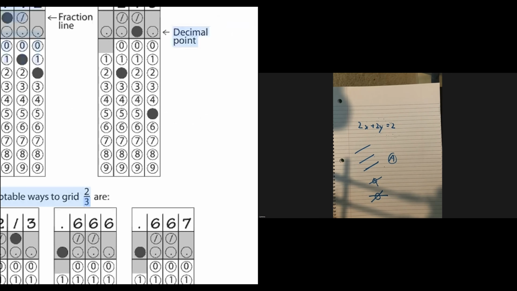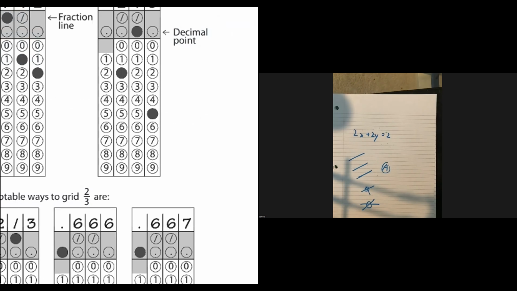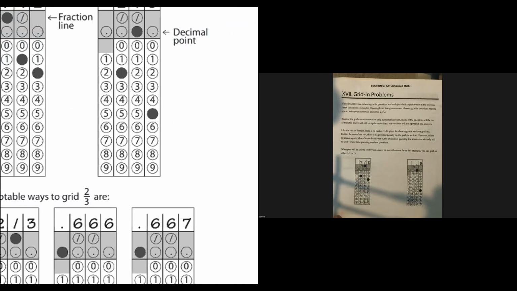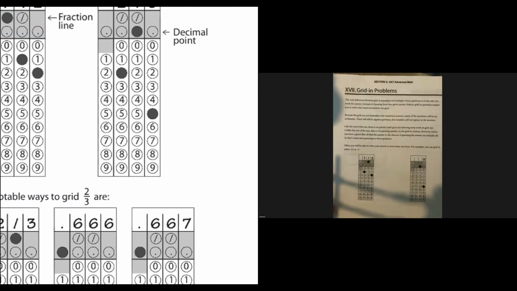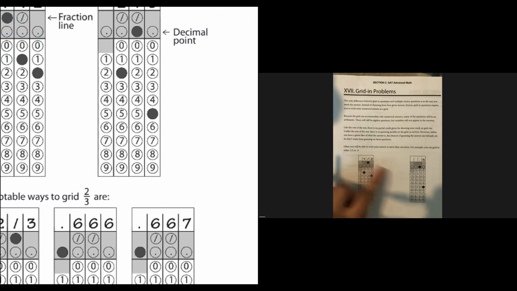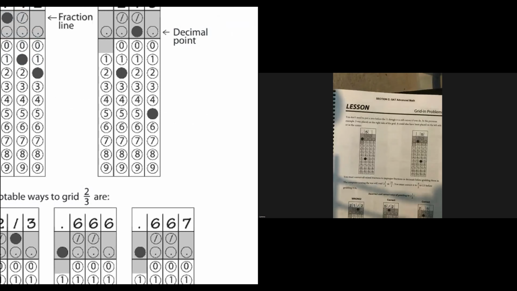And then now we get into grid-in problems. So before we start the grid-in problems, I just want to show that there's many ways you can grid in. You can do it 1 over 2.5. You can use fractions or decimals.